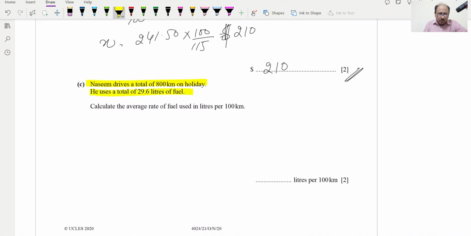C part. Naseem drives a total of 800 kilometers on holiday. He uses a total of 29.6 liters of fuel. Calculate the average rate of fuel used in liters per 100 kilometers.